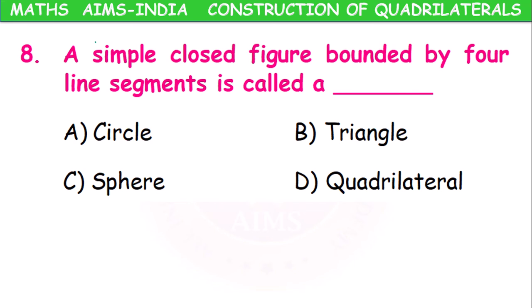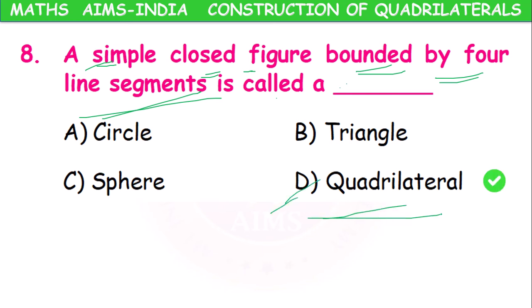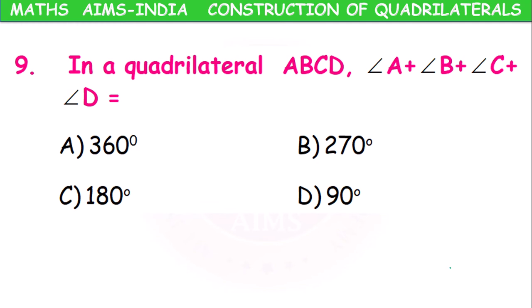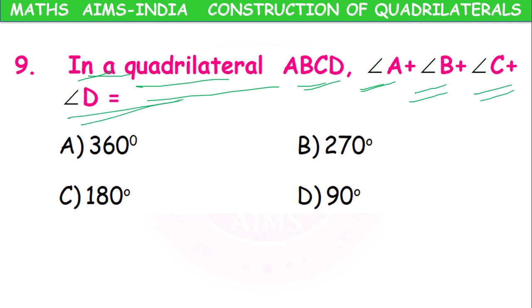Next, a simple closed figure bounded by four line segments is called a quadrilateral. Next one, in a quadrilateral ABCD, angle A plus angle B plus angle C plus angle D, how much? The sum of all angles in a quadrilateral is always 360 degrees.